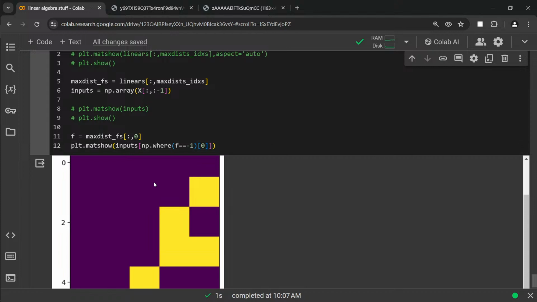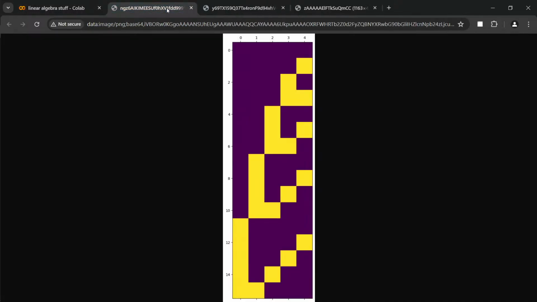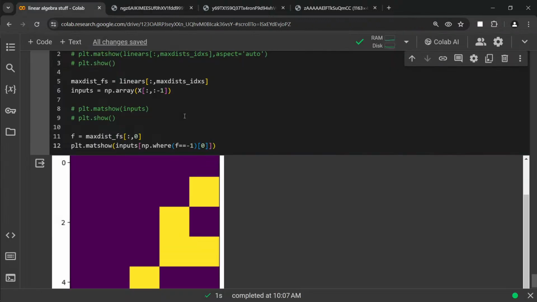Why is it making it so big? Jeez. Dang. Let's look at another function.